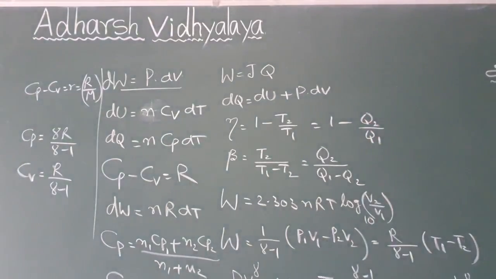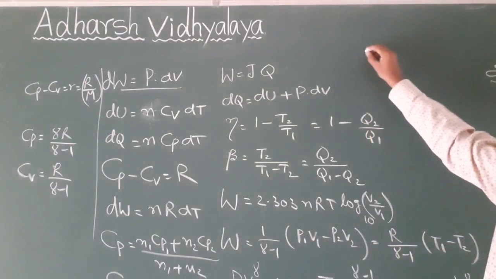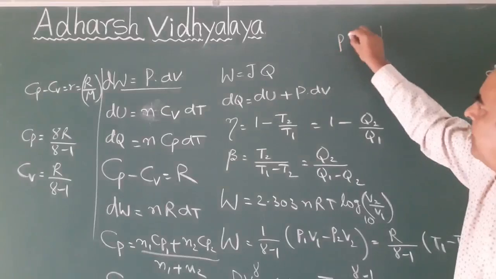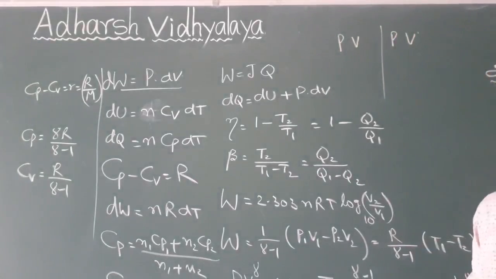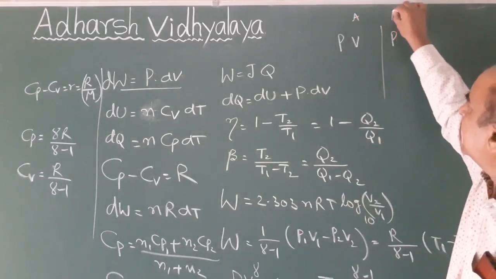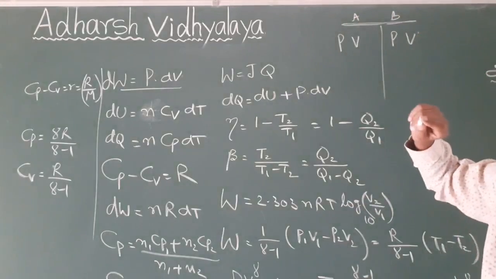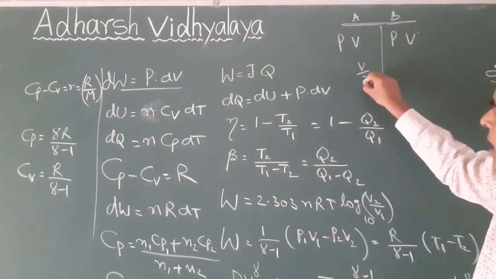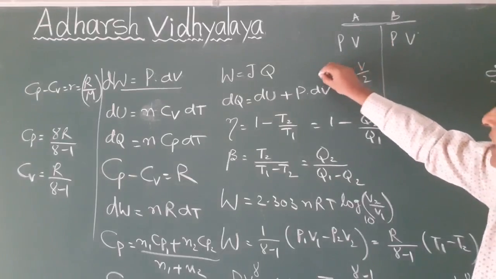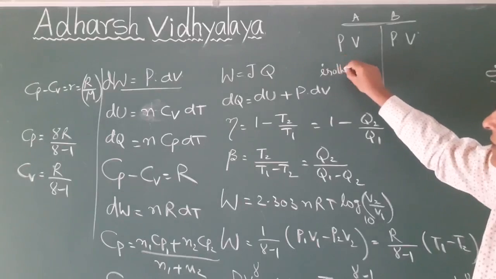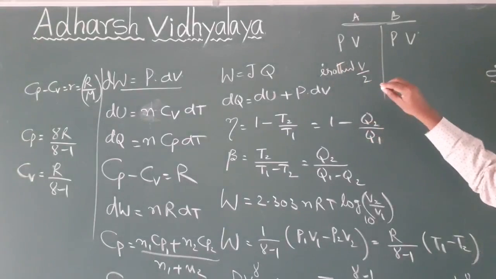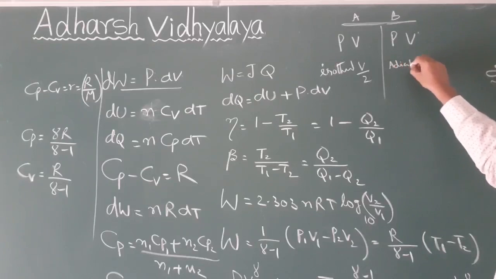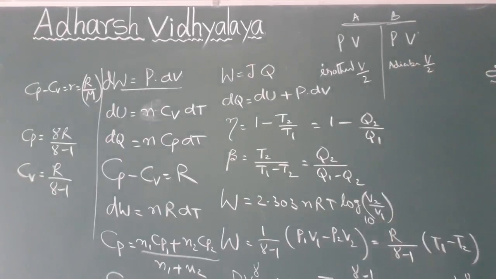For example, there are two gases, A and B, each with pressure P and volume V. The first gas is compressed isothermally such that volume becomes half. The second gas is compressed adiabatically such that volume becomes half.